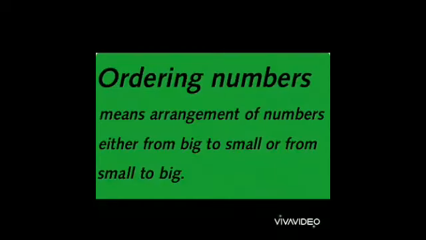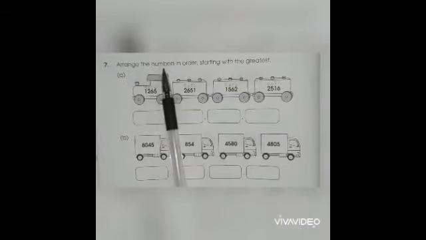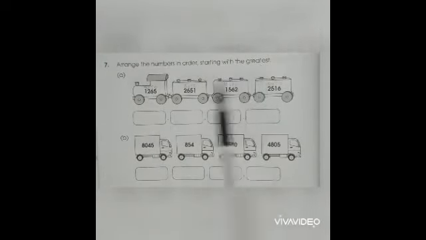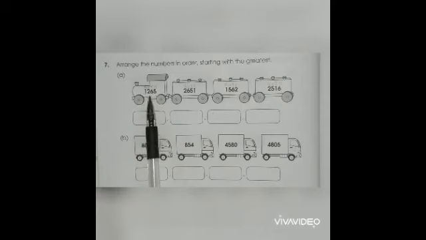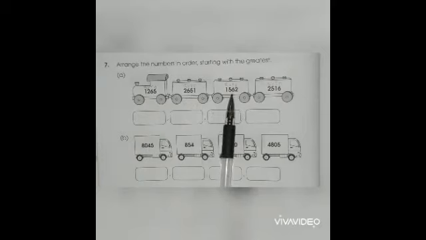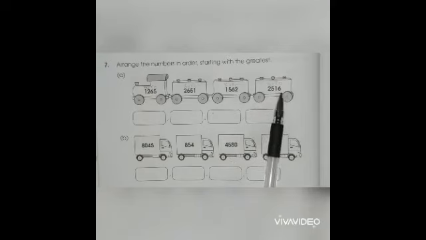Ordering numbers means arrangement of numbers either from big to small or from small to big. In another question, you have to arrange the numbers in order starting with the greatest. The numbers are 1,265, 2,651, 1,562, and the last number is 2,516.